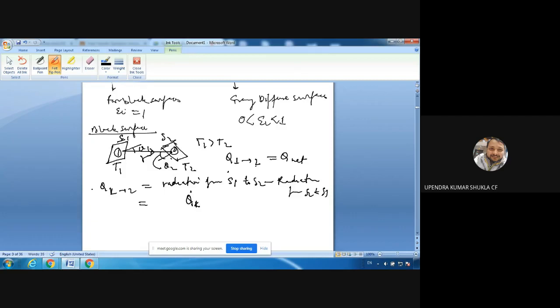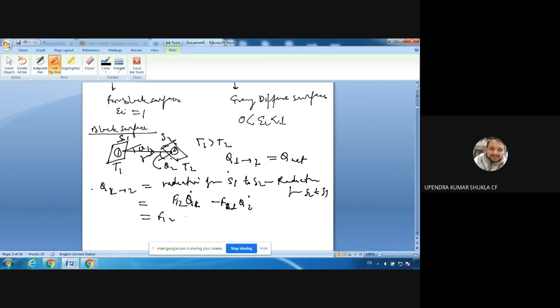But it is not the case. Both are at different orientations, so the energy emitted by surface 1 will not completely reach surface 2. A fraction of this energy will reach surface 2, and that fraction is represented by the view factor. So F12 Q1 dot minus, similarly, F21 Q2 dot.